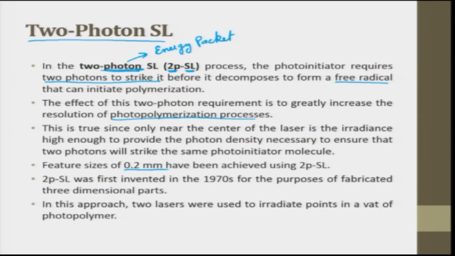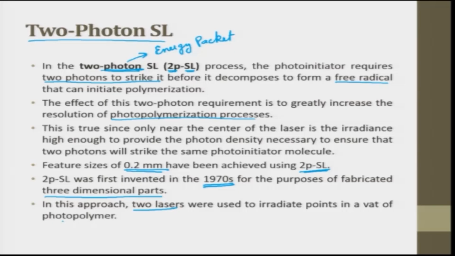Feature sizes of 0.2 millimeter have been achieved by 2-photon stereolithography. 2-photon stereolithography was first invented in 1970 for the purpose of fabrication of 3-dimensional parts. In this approach, 2 lasers were used to irradiate points in a vat of photopolymer.